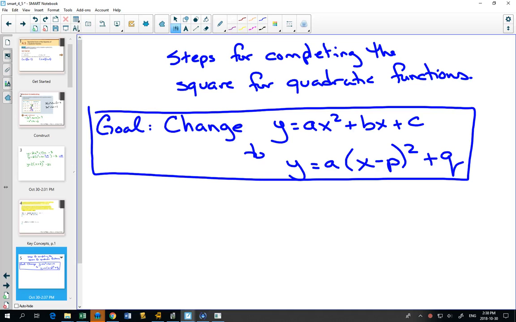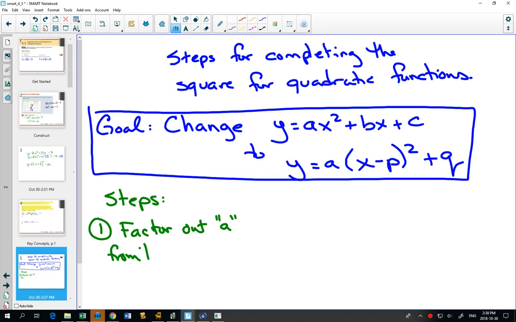And what we're going to do here in green, I'll write the steps. And then I'll leave some space beside the steps, because on the right-hand side, we'll do an example. We factor out the a value from the first two terms. So in black over here, I'll have an example going at the same time.